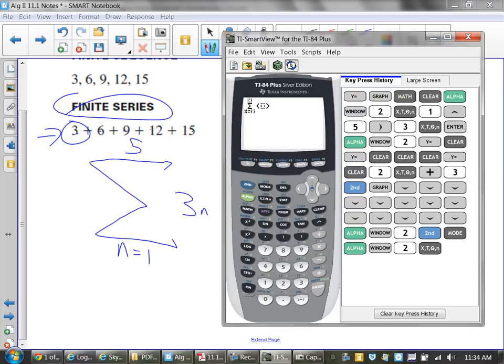Then you're going to hit, from the variables, instead of being n, just use your x buttons. Start at the first term. You go through the 5 of them, and you fill in your equation. You're filling in exactly what this is right here. The only thing that's different, instead of having an n, you're using x's. That's it.